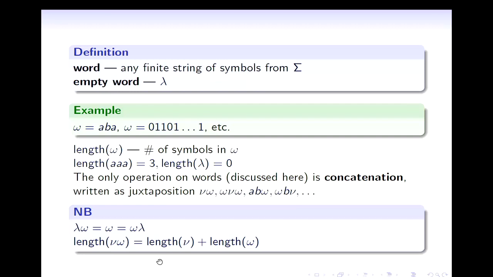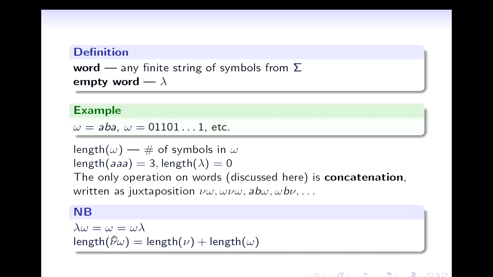From this you will immediately see that when you glue the empty word in front of a word W, then because there's nothing in the empty word, this will just give you the word itself, and this will be the same as adding, so to speak, the empty word at the end of W. It doesn't add anything. It's like the empty string that is added to a string, and the result will just be the string itself.